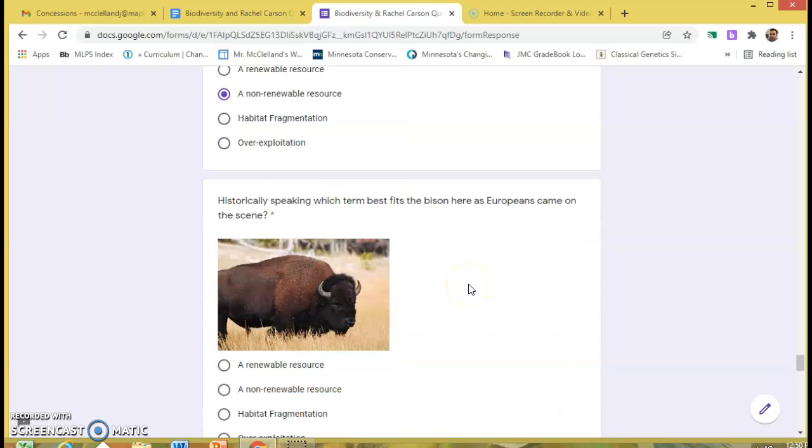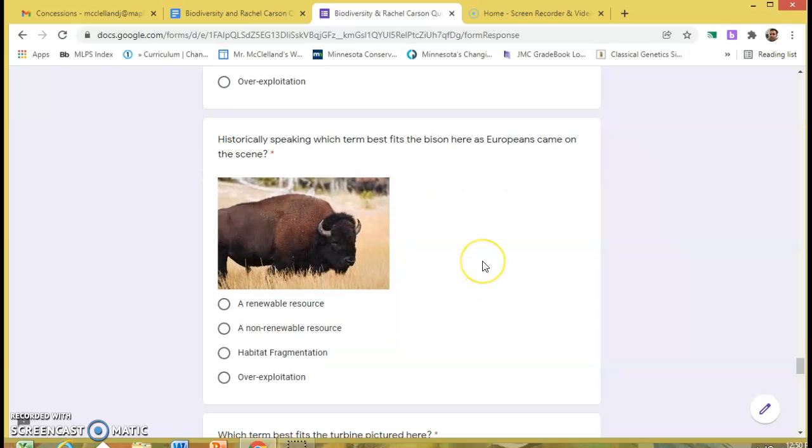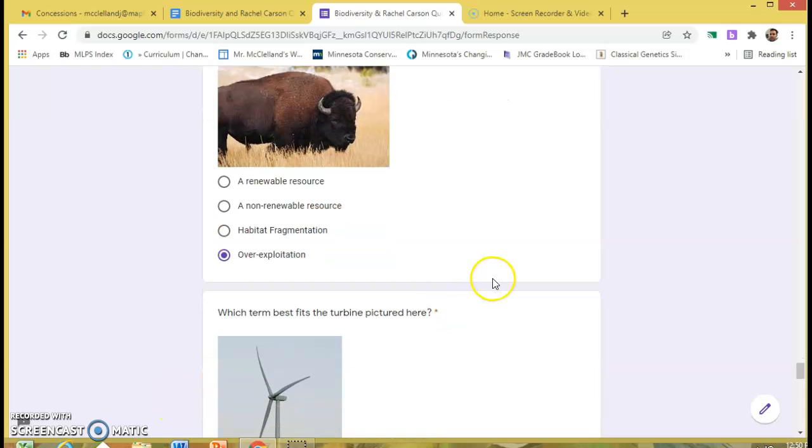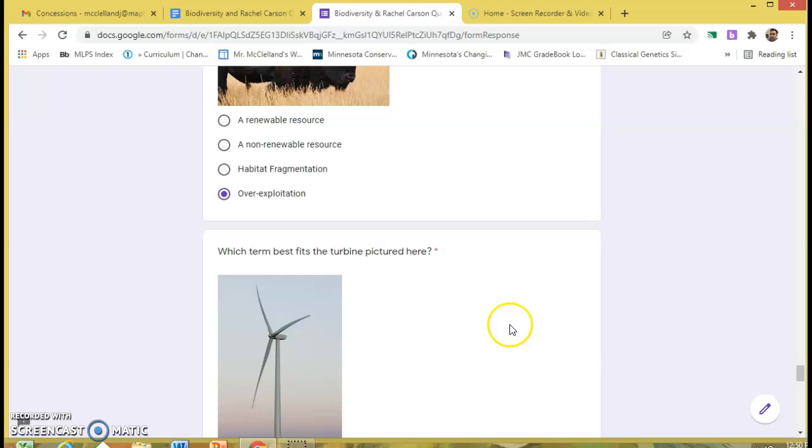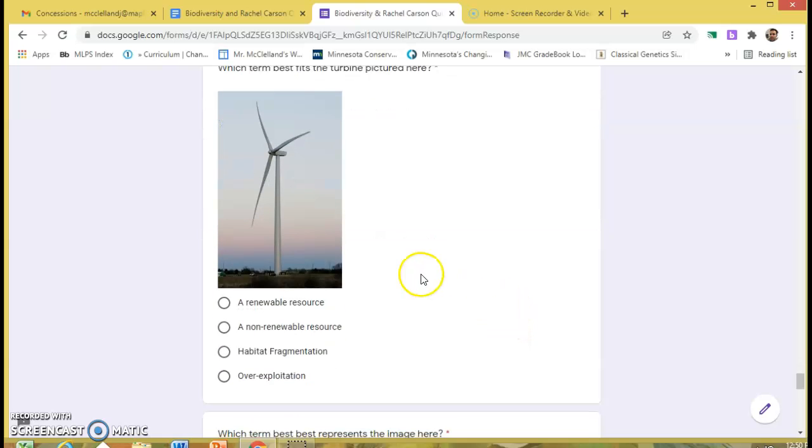Historically speaking, which term best fits the bison here? As Europeans came on the scene, we overexploited them, overexploitation of that resource. Which term best fits the turbine pictured here? Wind is known as a renewable resource.